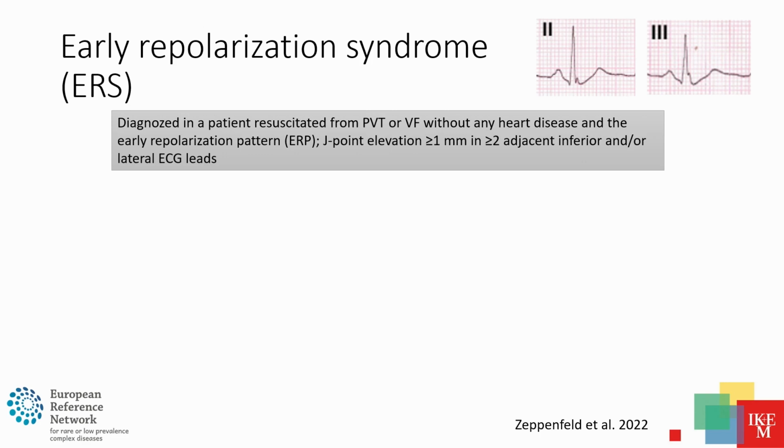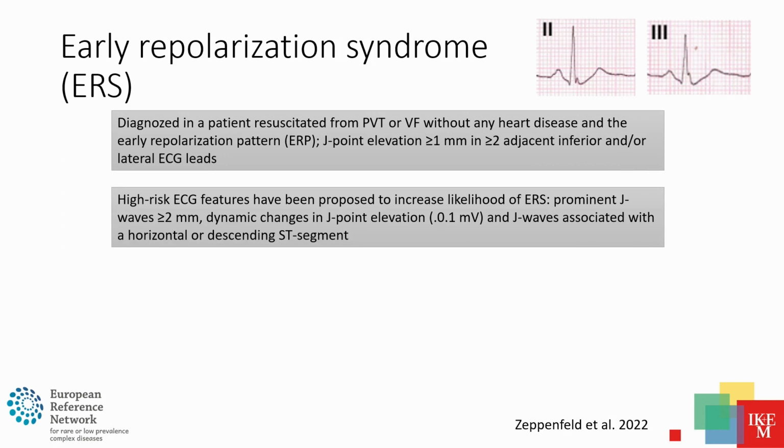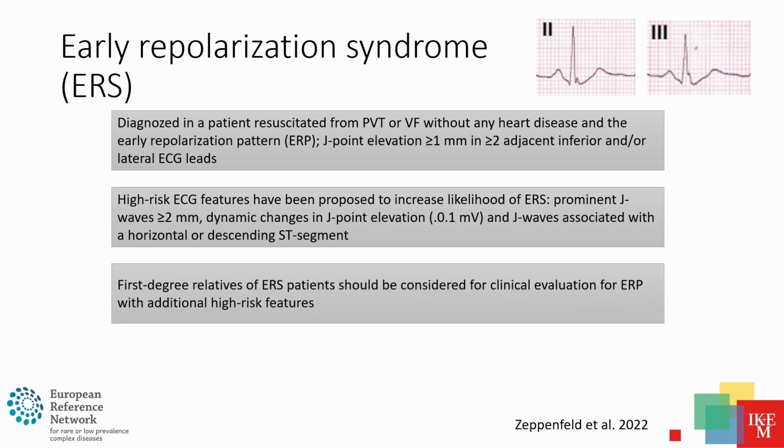And there are also some risk factors for more arrhythmia in these patients, especially if the J wave is higher than 2 millimeters, and it's associated with a horizontal or descending ST segment. And of course, all first-degree relatives of patients with arrhythmia and ERS should be considered for clinical evaluation.